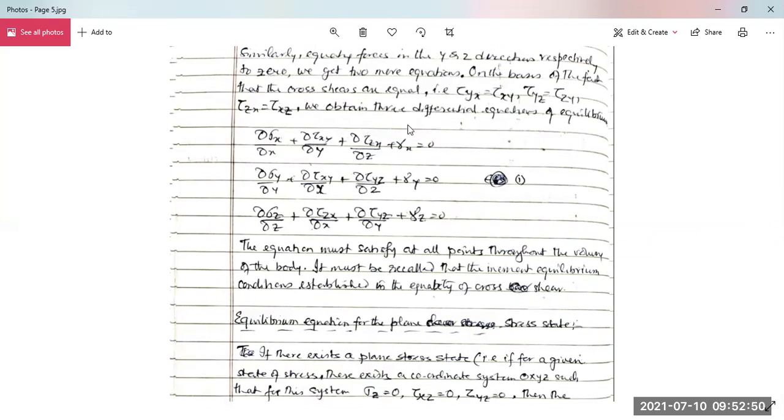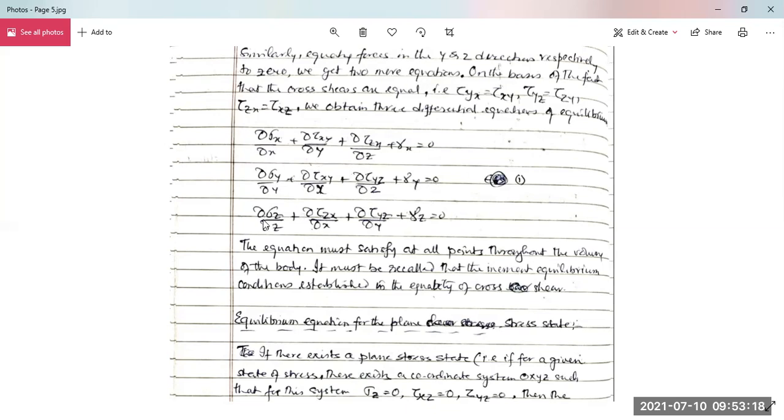These are equal. We get the differential equations in this form: del sigma x by del x, plus del tau yx by del y, plus del tau zx by del z, plus gamma x is equal to 0. And del sigma y by del y, plus del tau xy by del x, plus del tau zy by del z, plus gamma y is equal to 0.